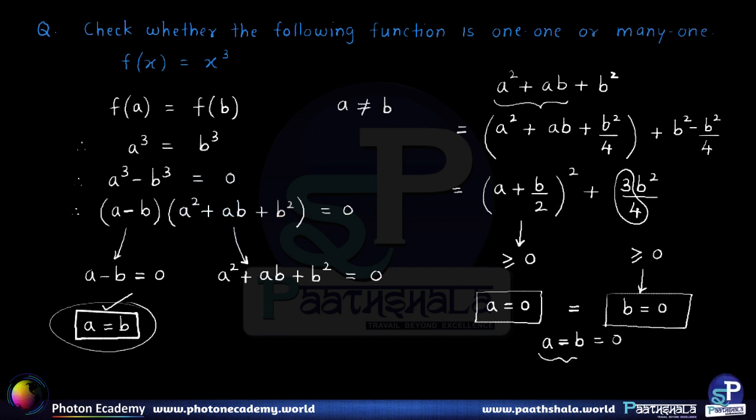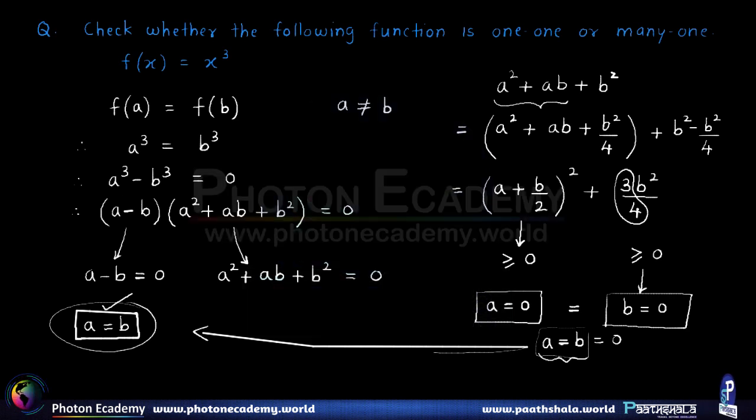But then what it means is that a is equal to b, which is the same as the first possibility that we have seen initially. So from the condition given, the starting point, we always prove that a has to be equal to b for the given expression.